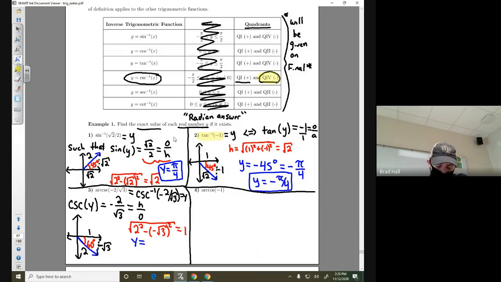It's going to be negative pi over 3. So you would think y is negative 60 degrees, but then you remember we have to put the final answer in radians, which is why we'll convert 60 degrees to negative pi over 3 radians, and then that would be the final answer here.